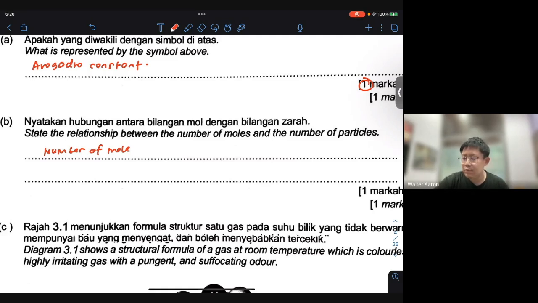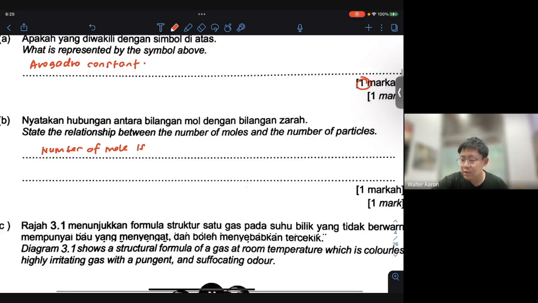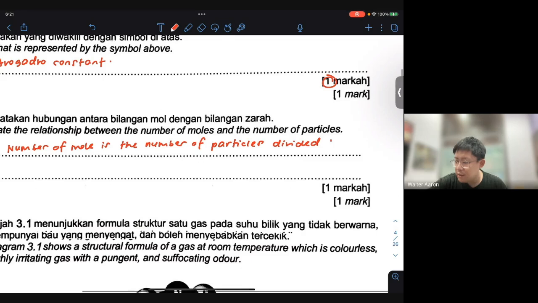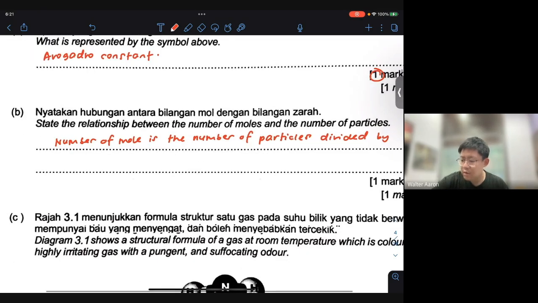So you say here number of mole is the number of particles divided by Avogadro constant.